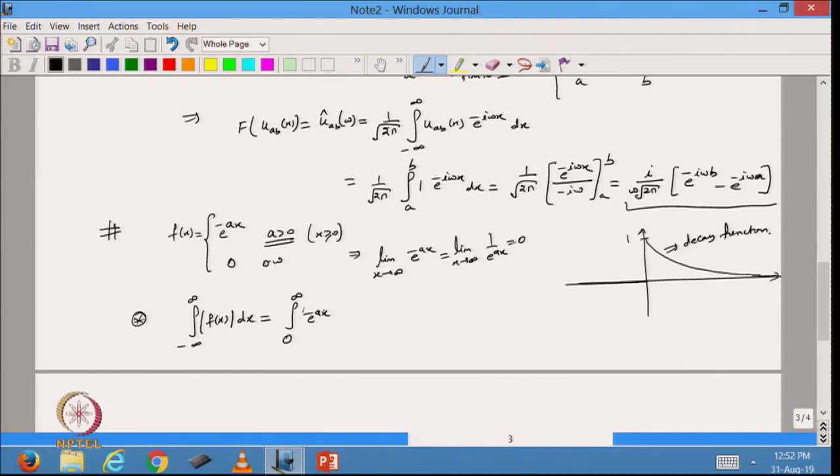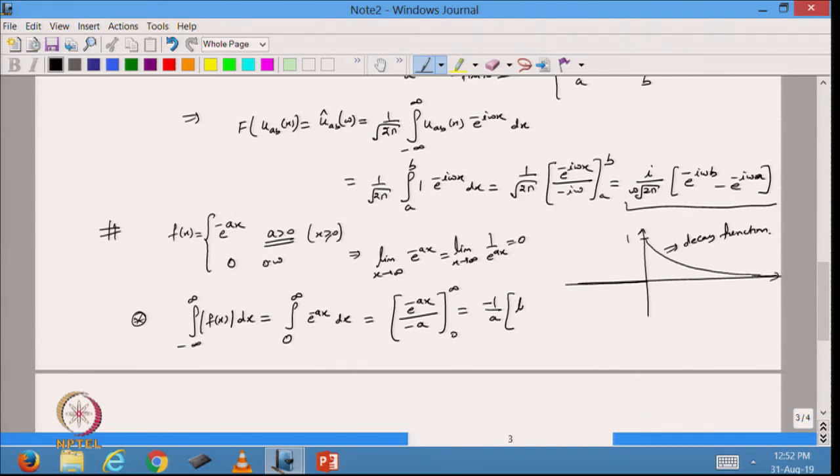The modulus value will be the same because this is a positive function, so there is no need to write the modulus, and this will be equal to the integral of e^(-ax) dx. This quantity will be e^(-ax) divided by minus a, from 0 to infinity.